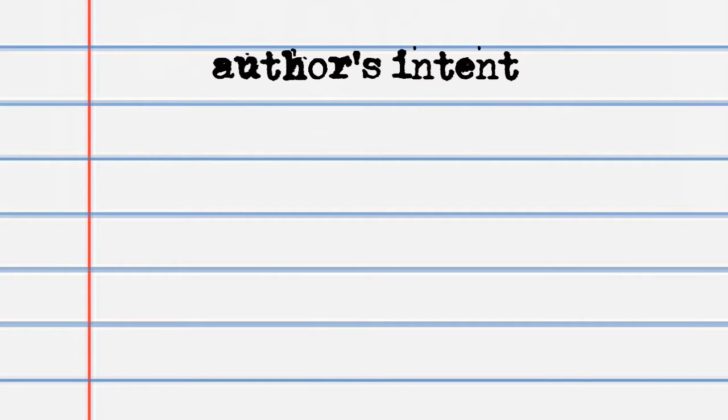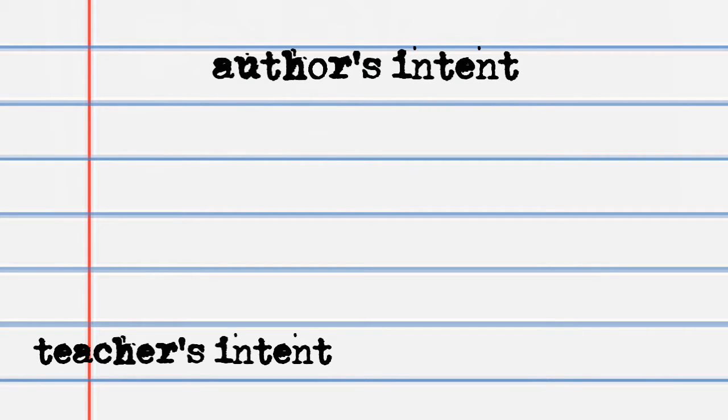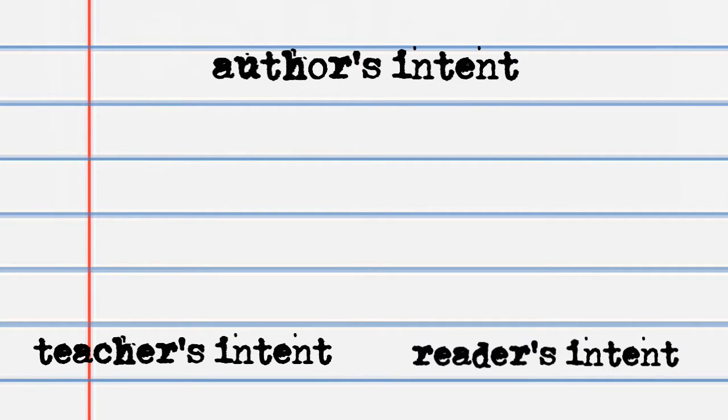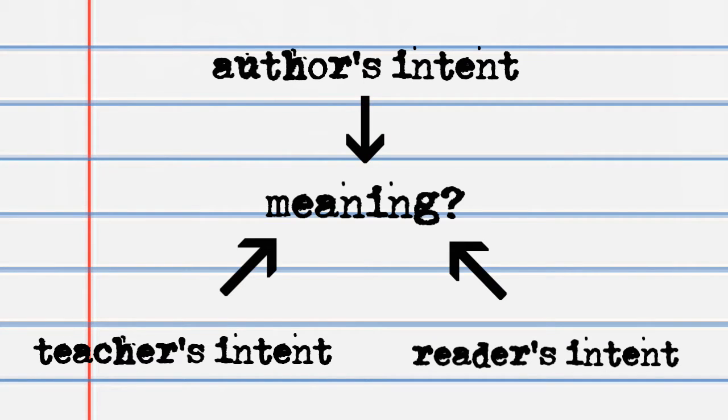Now, when it comes to the classroom, the teacher can focus on four main things. First, he has to guide the students on distinguishing between the text intent, the teacher's intent, and the reader's intent, and how each one of them affects the textual meaning and the understanding of it.